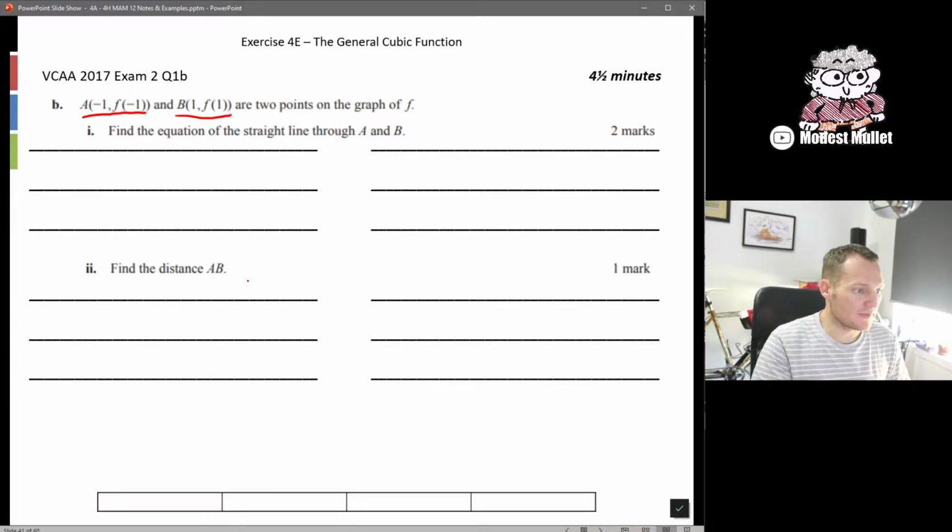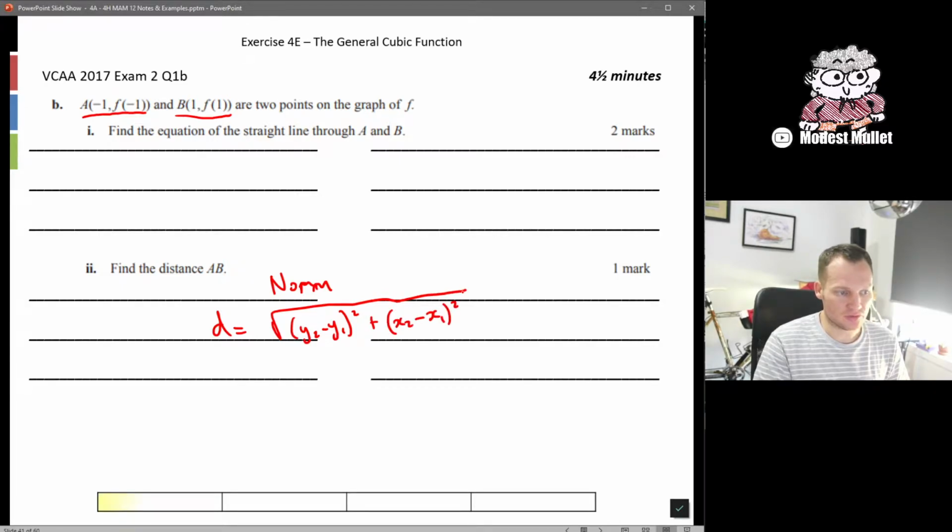So we did that. Then we found the distance AB. Now you could use the norm function in your CAS. You can also use the equation d equals the square root of y2 take away y1 all squared plus x2 take away x1 all squared. That's just Pythag, if you think of it that way.